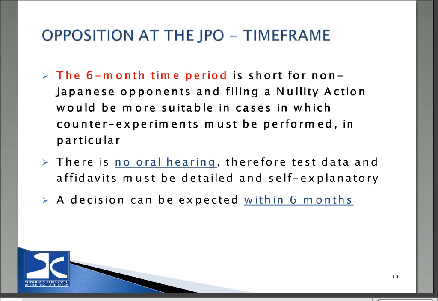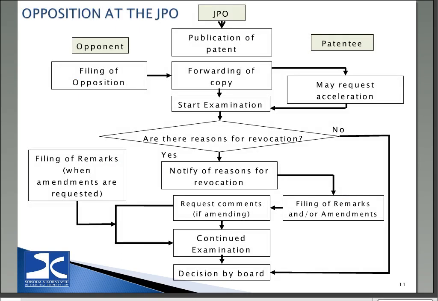Please let me show the proceedings for opposition. When the patent is granted and published, the opponent has 6 months to file an opposition here, and once it is filed, the opposition is, of course, transferred to the patentee.